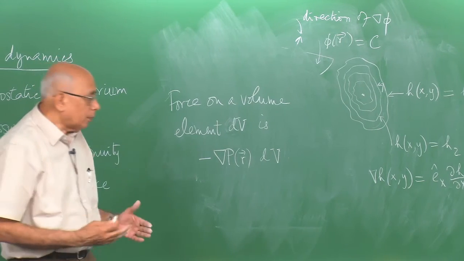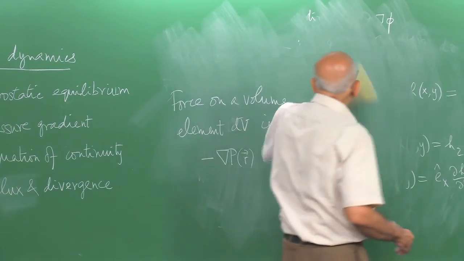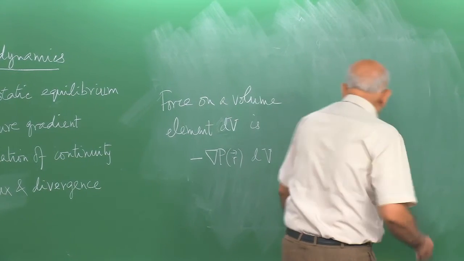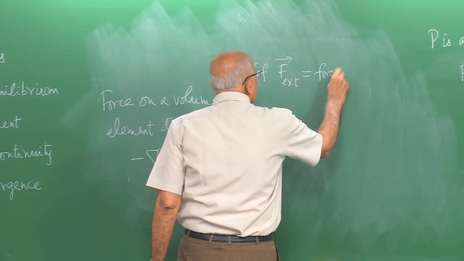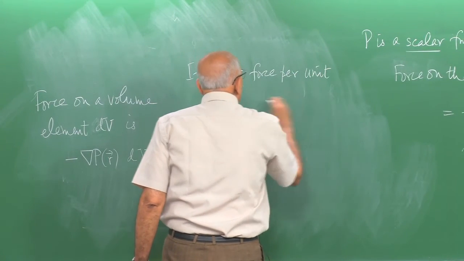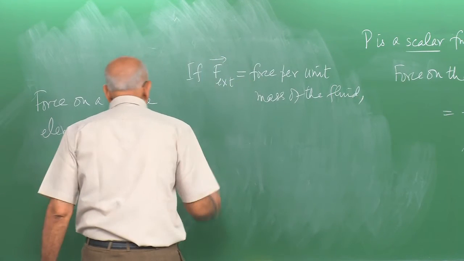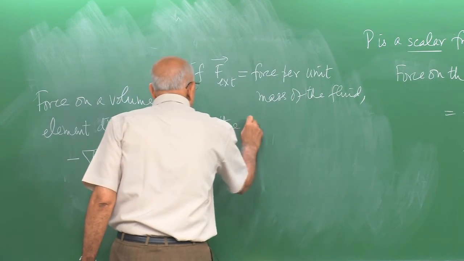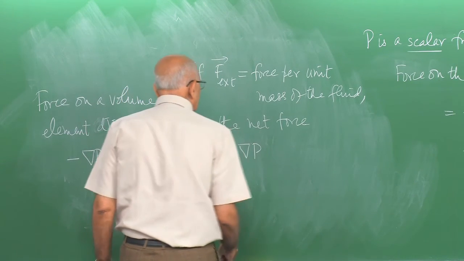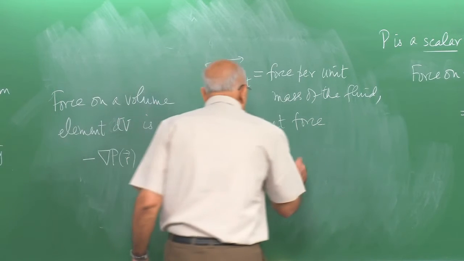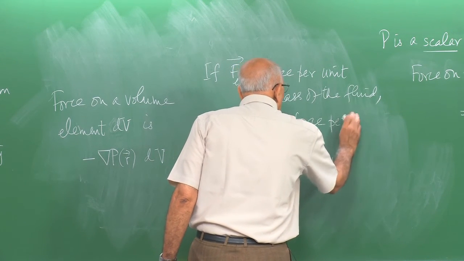Now if there is an external force on this, which is the general case, for instance you put a fluid under gravity, there is an external force due to gravity, then if F external equals the force per unit mass, then the net force on the fluid is minus gradient P. The force per unit volume of the fluid is then minus gradient P plus rho times F external.